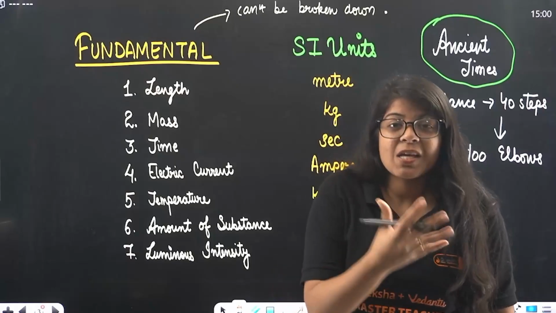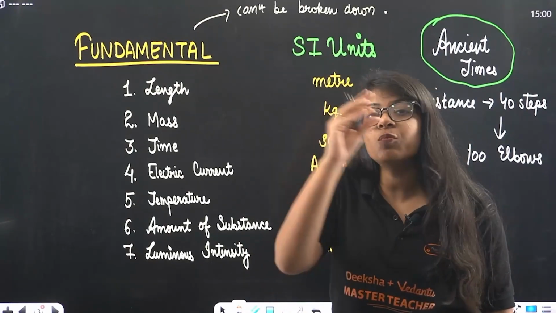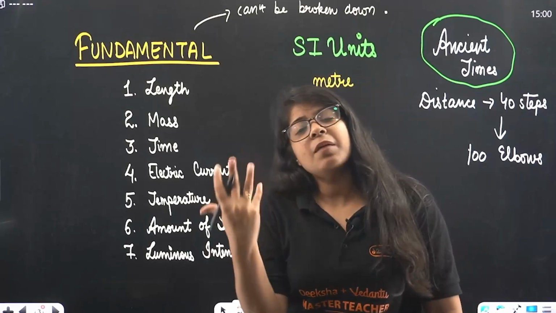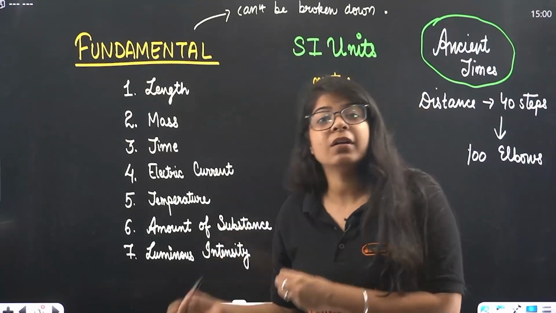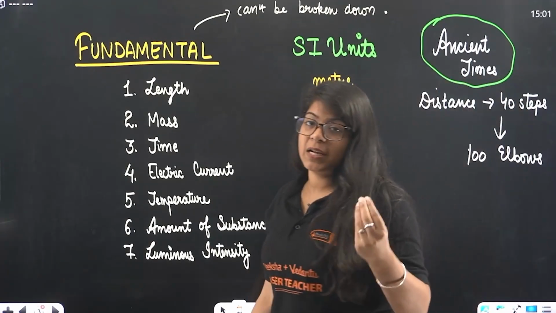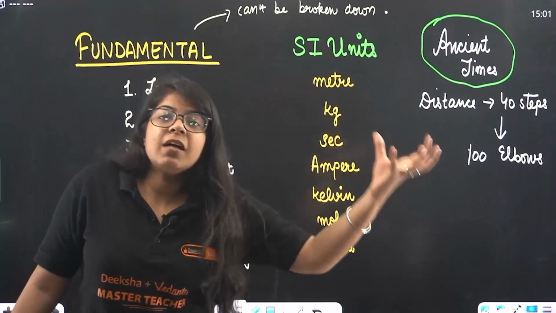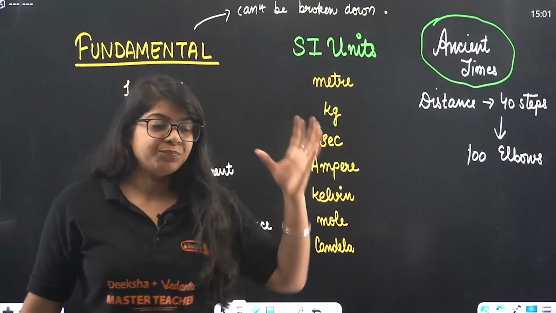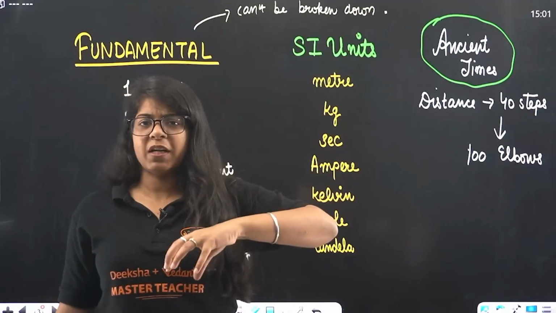Mass, kg, gram, can it be broken down into smaller units? No. Time is also second or millisecond, hour, minute, but can it be broken down? These can't be. These are the fundamental quantities, and because of them all other quantities exist. We'll move to those quantities later. First, let's study fundamental quantities.